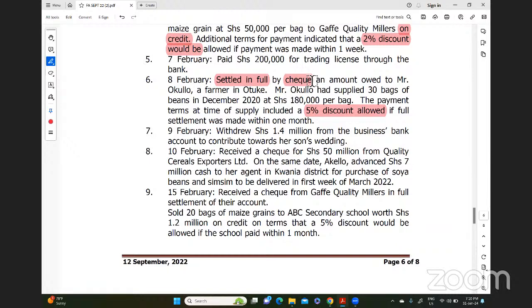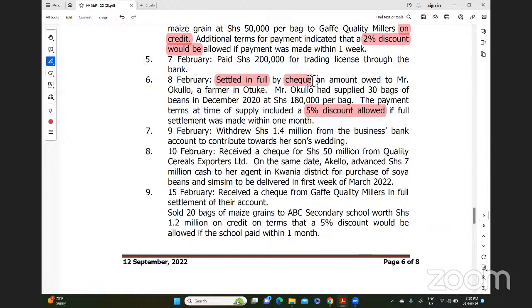Mr. Okulo had supplied 30 bags of beans in December 2020 at shillings 180,000 per bag. The payment terms at the time of the supply included a 5% discount allowed if full settlement was made within a month.